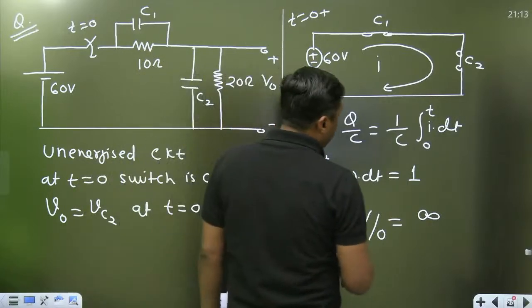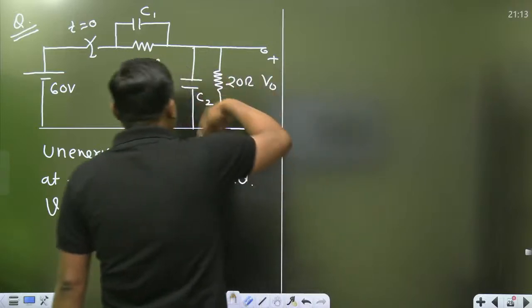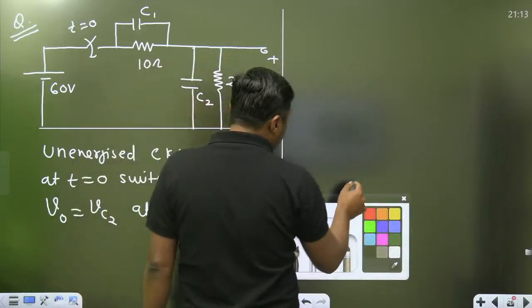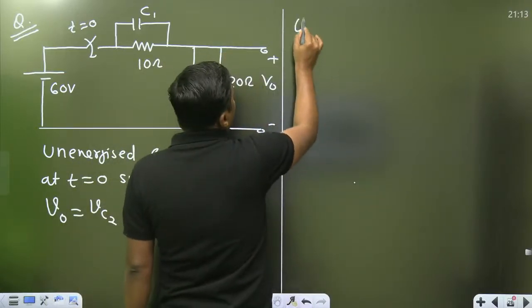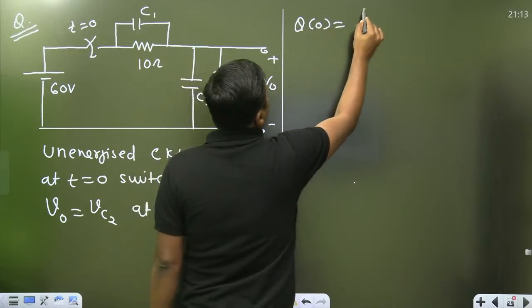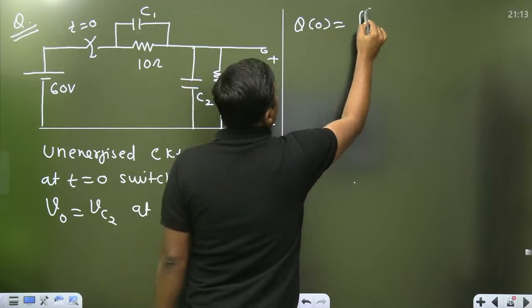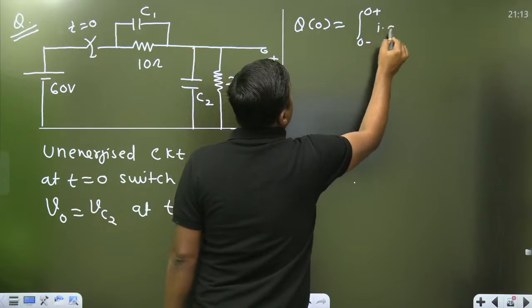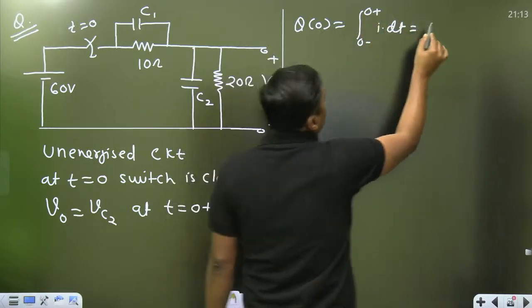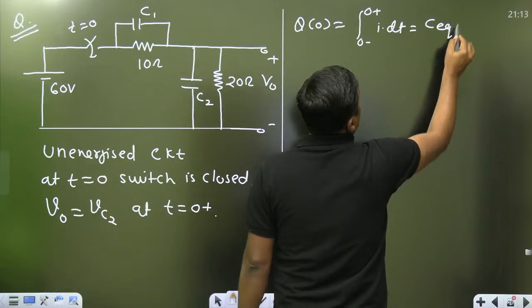This infinite current will develop a finite voltage in this diagram. What is the finite charge here? It is given by the integral from 0 negative to 0 positive of i dt, and that is given by C equivalent into V.